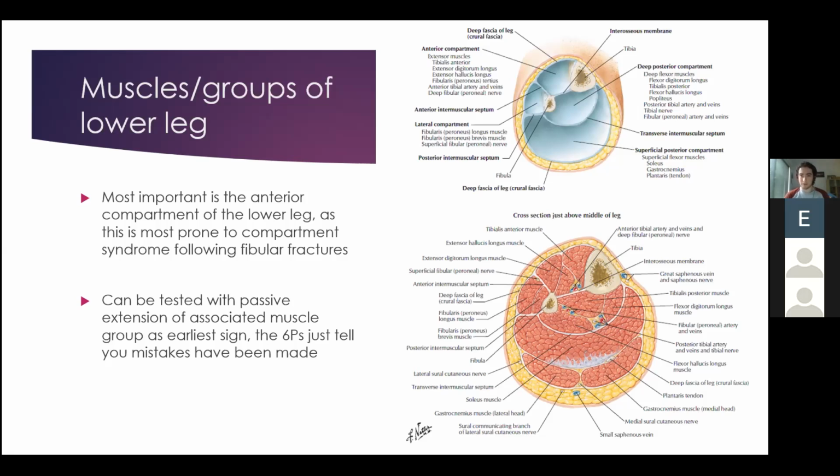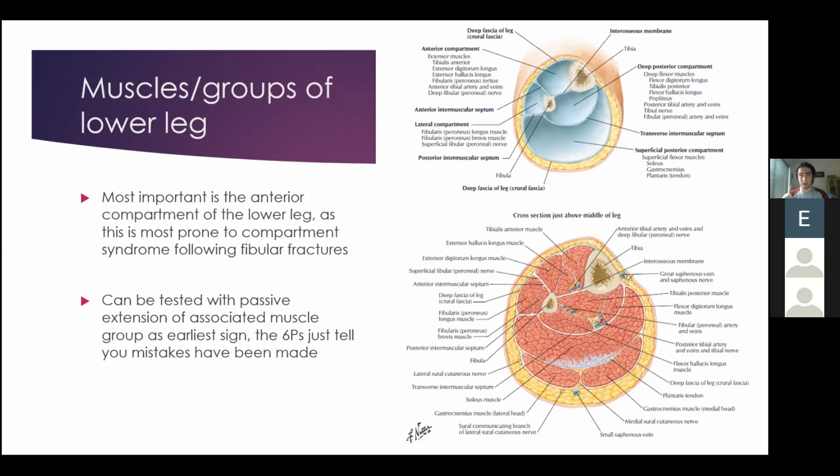And you guys might have learned the 6 Ps of compartment syndrome. They're also used for acute ischemias from clots in your limbs. But don't ever rely on that to find compartment syndrome next year, because all you'll get told is you've left it too late.